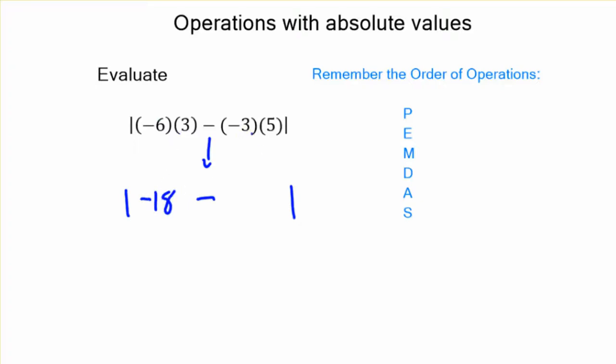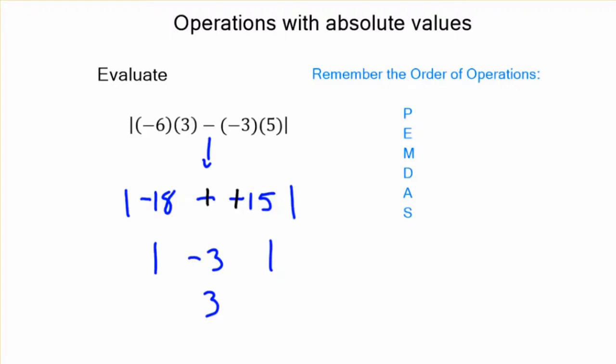And -3 times 5 is going to be -15. Now we have minus a -15. Remember, that's going to be plus a +15. -18 plus 15 is going to give us the absolute value of -3. And its absolute value is going to be +3. All done.